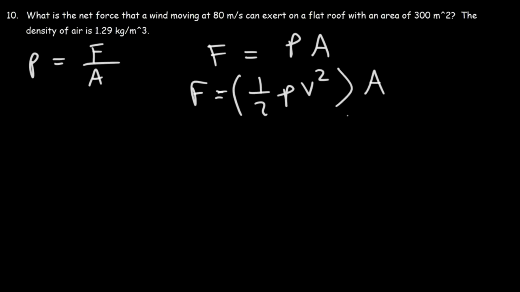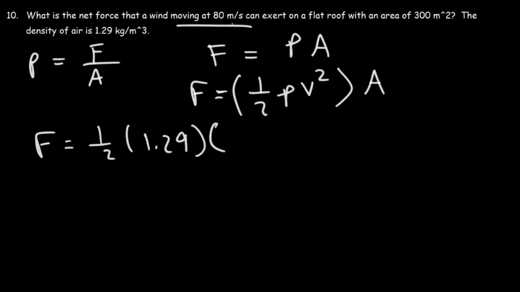So this is the formula we need to calculate the force caused by this wind. The density of air is 1.29 kilograms per cubic meter. The speed at which the wind is moving is 80 meters per second. Don't forget to square it. And the area upon which the pressure will be acting is 300 square meters.